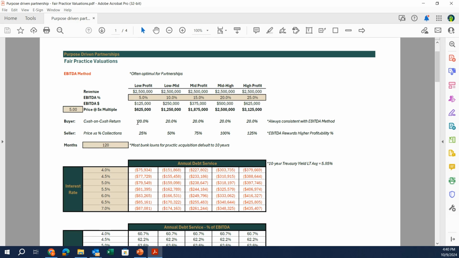Because cash-on-cash return, similar to EBITDA, allows you as the potential buyer to compare the opportunity of owning a dental practice with other financial investments, whether that is owning a piece of real estate, investing in the stock market, or investing in another business such as a franchise. We can look at the cash-on-cash return that's typically available in those investments to feel comfortable and good about this 20%.